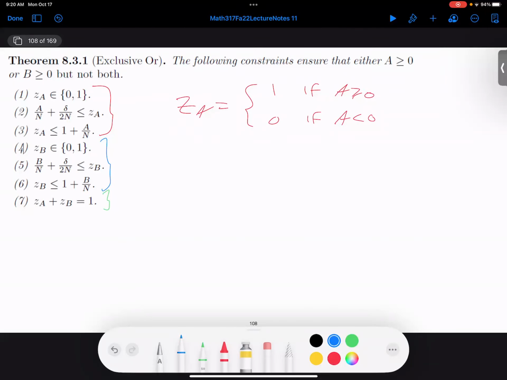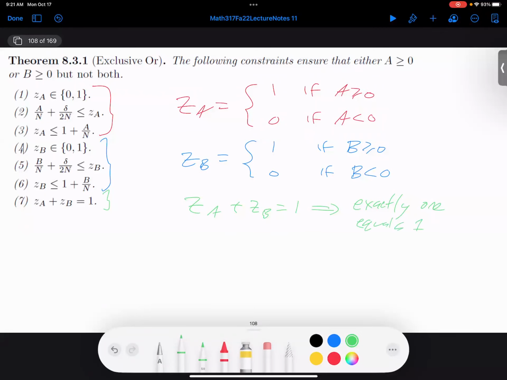The next one is very similar. ZB equals 1 if B is greater than or equal to 0, and 0 if B is less than 0. And now the last one is the fun one. ZA plus ZB equals 1. What does that do? That means only one of them can be 1. So a little bit stronger: exactly 1.